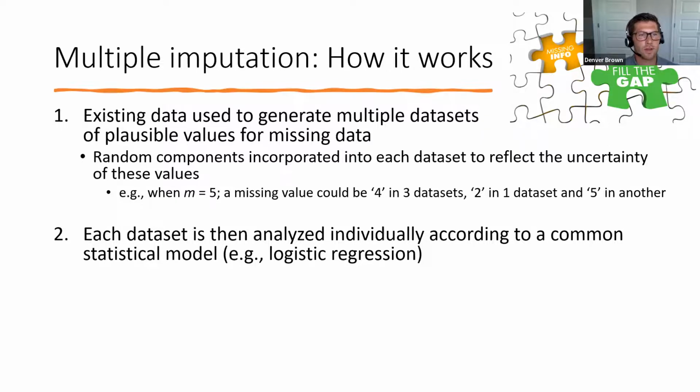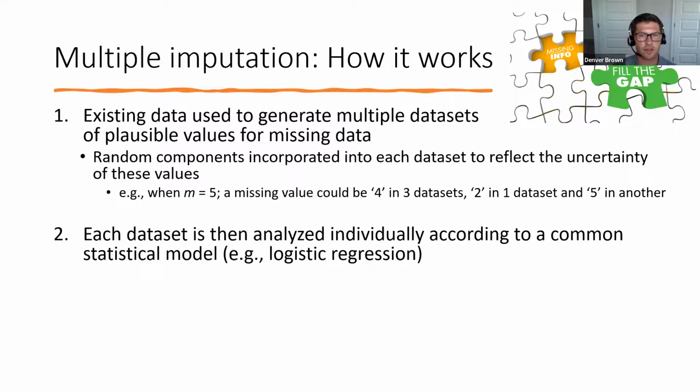Then what we're going to do is analyze each data set individually according to our common statistical model. This could be running a logistic regression model, linear regression, analysis of variance. No matter what it is, you're going to run them all singularly. And if you're doing this in R, there are some great ways that make it really simple.